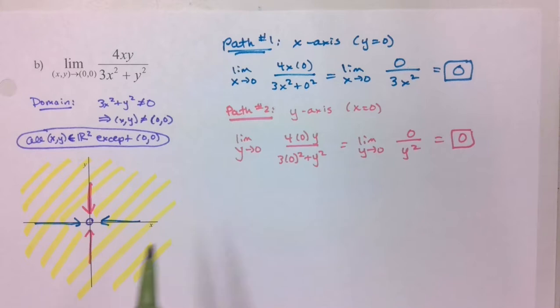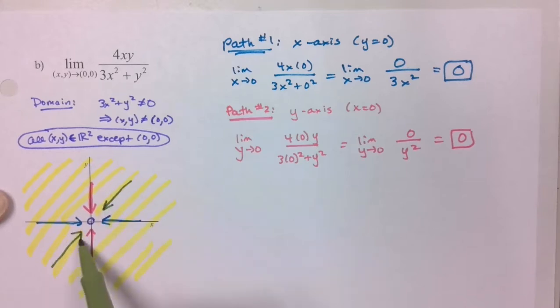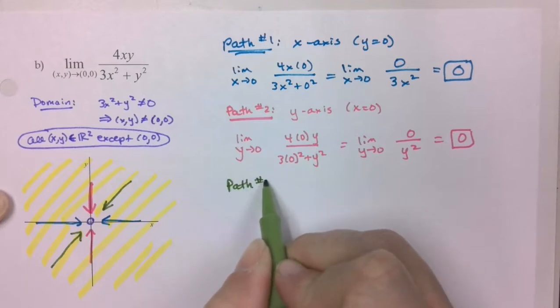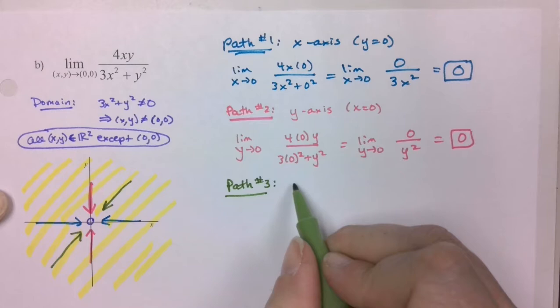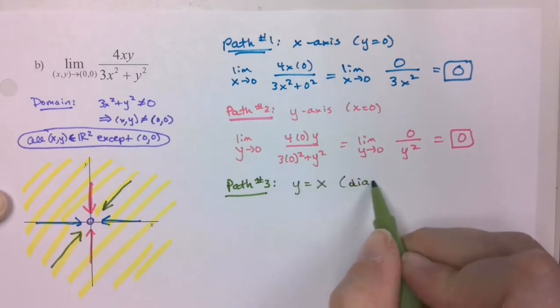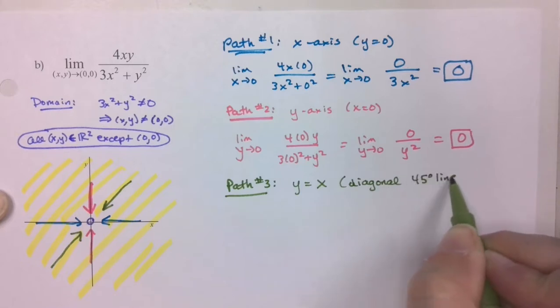Well, there's infinitely many paths radiating around this, right? Perhaps an easy one to try would be coming in on the diagonal, y equals x, right? So let's try path number 3. Y is equal to x, which is the diagonal 45-degree line, right?